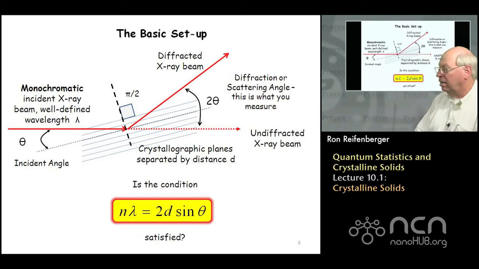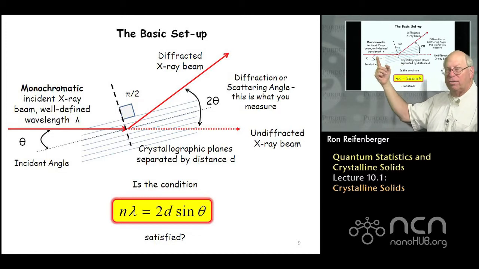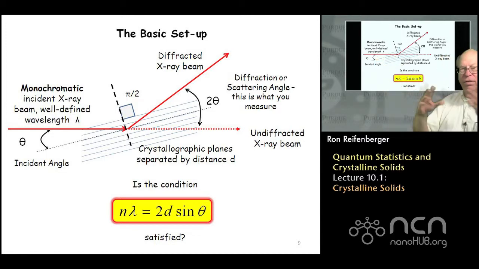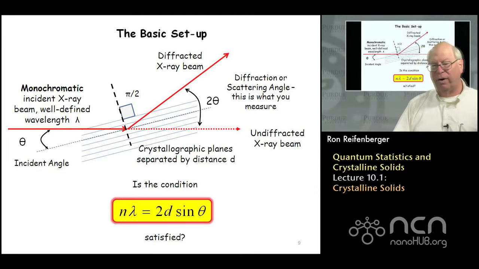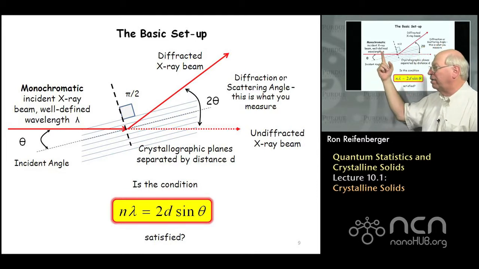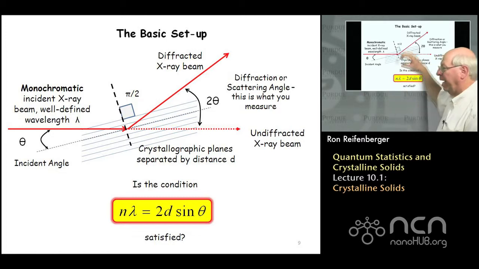What we imagine is an X-ray beam that's monochromatic. So somehow we've eliminated all wavelengths from the X-ray beam except one particular wavelength, which in this diagram I indicate by lambda. We imagine that X-ray beam interacts with a sequence of parallel planes.